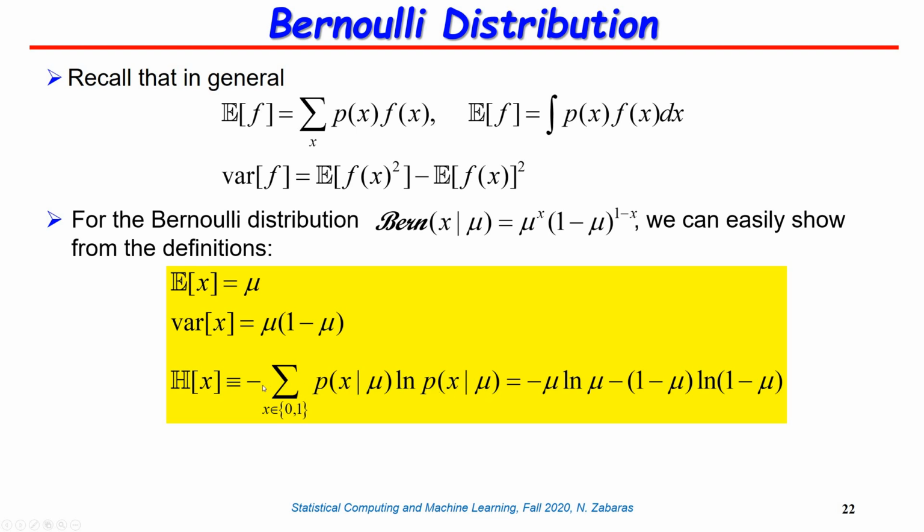But right now this entropy is minus the summation over all possible values of x of p log p. If you plug in the values x equal to 1 and 0, you get this nice result that you see in here. And some of you may recall having seen this result in other courses, such as thermodynamics, for example, or statistical mechanics.